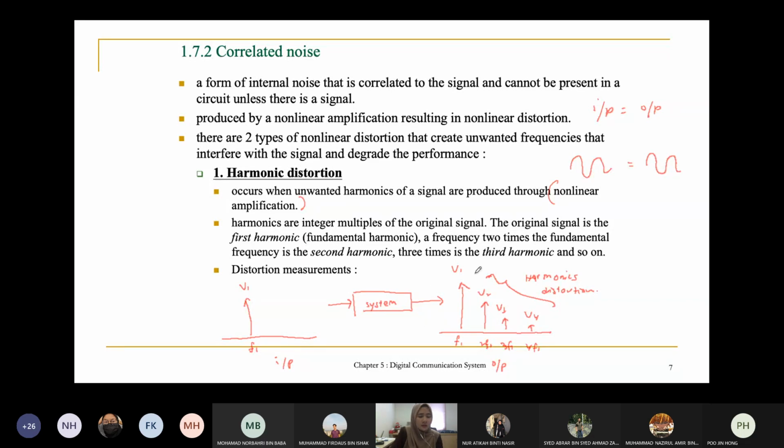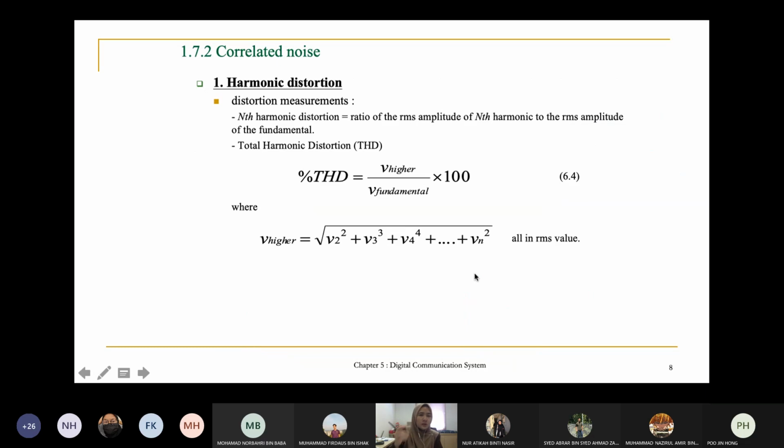Okay, so that is the harmonic distortion. You can calculate the total harmonic distortion using this formula, percent THD. THD is the total harmonic distortion.